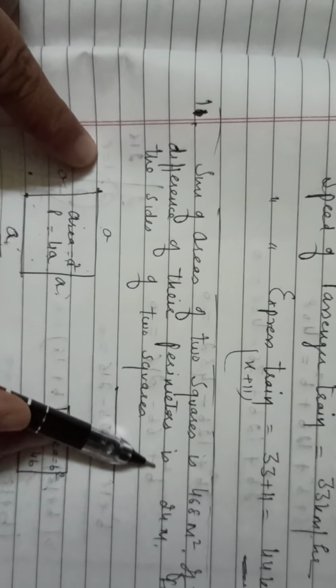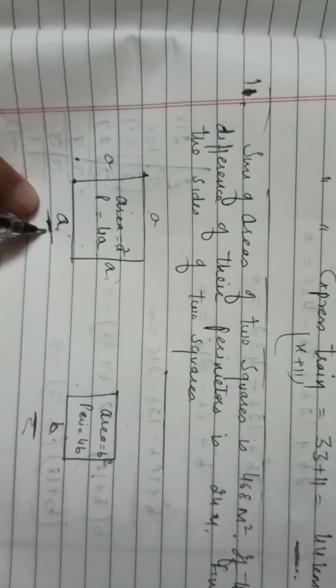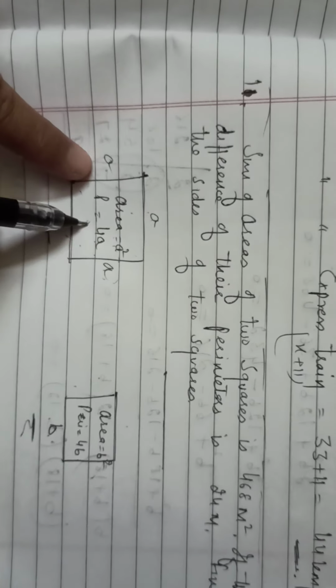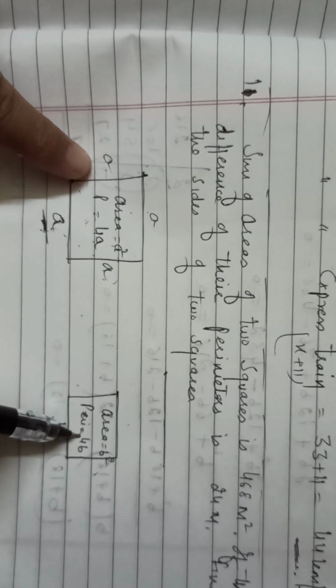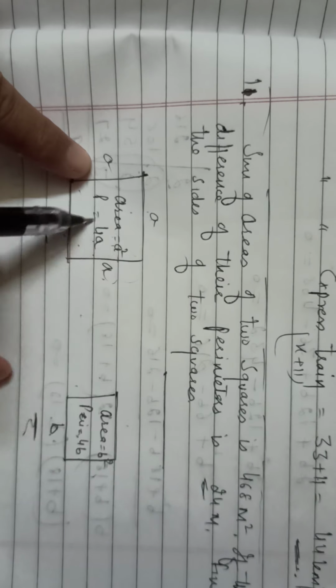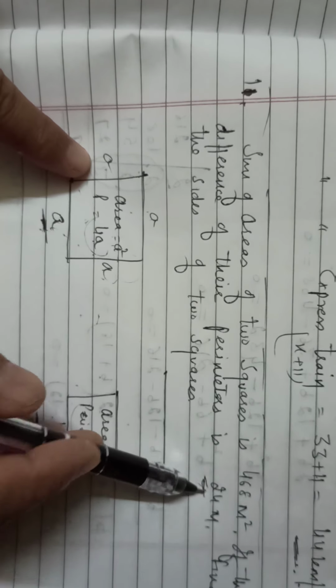And the second line is given. Difference of their perimeters is 24 meter. Look, if this is the bigger square, naturally its perimeter will be more, and its perimeter will be less. So it will be 4a minus 4b is equal to how much? Its perimeter minus its perimeter is equal to 24 meter.